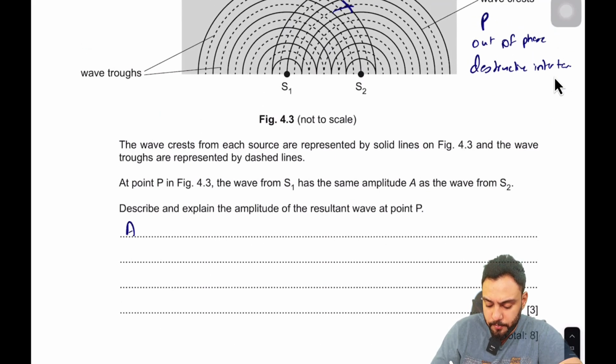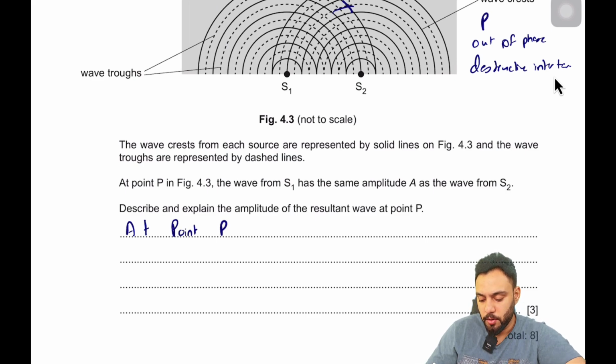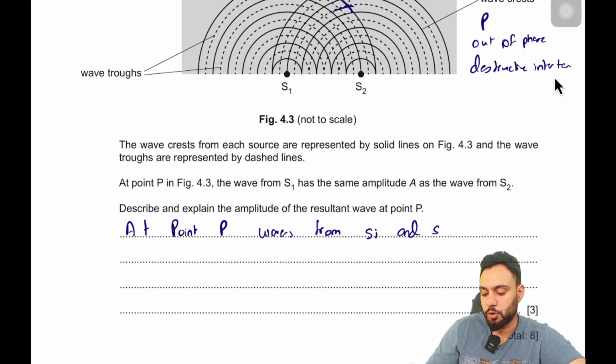At point P, waves from S1 and S2 meet and superimpose.